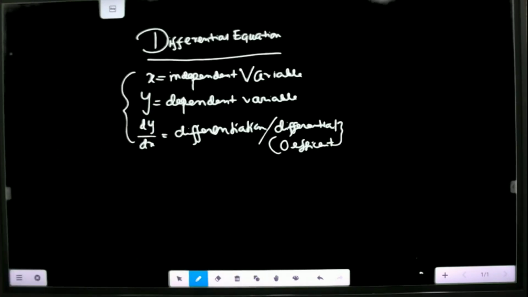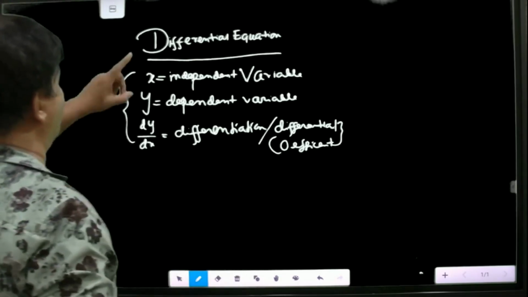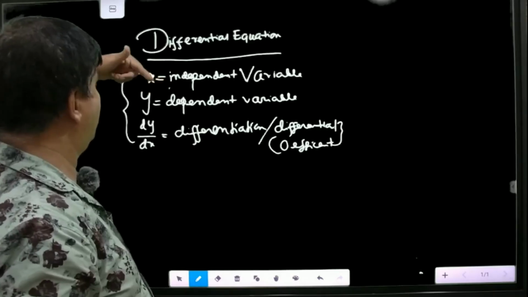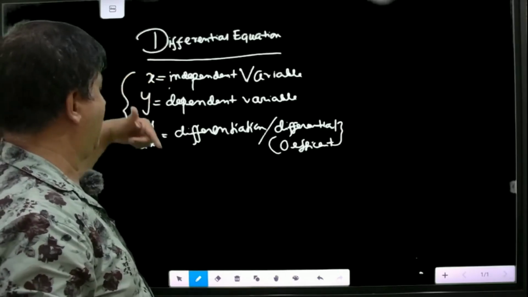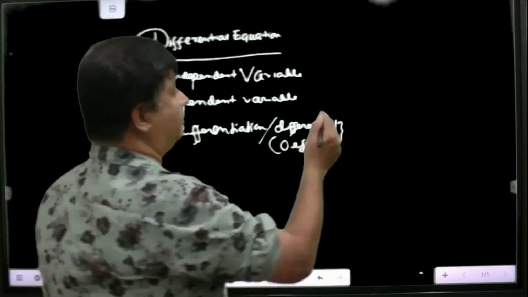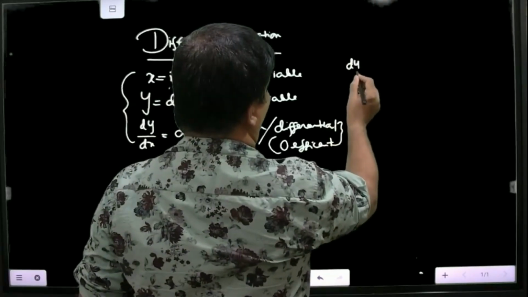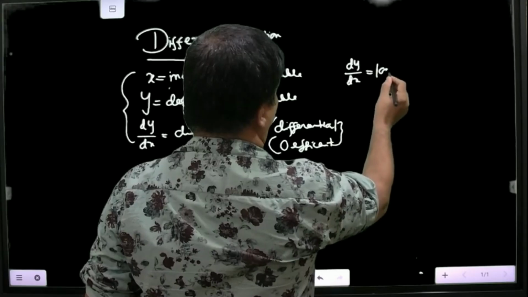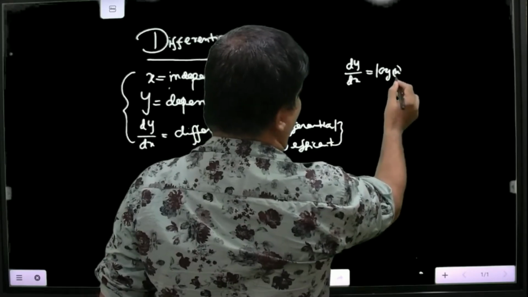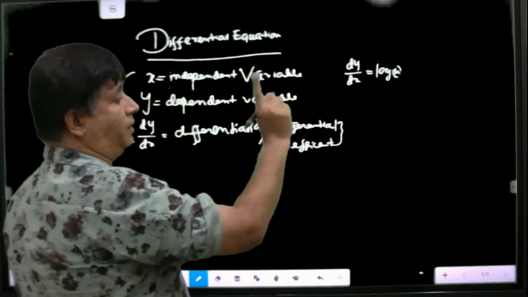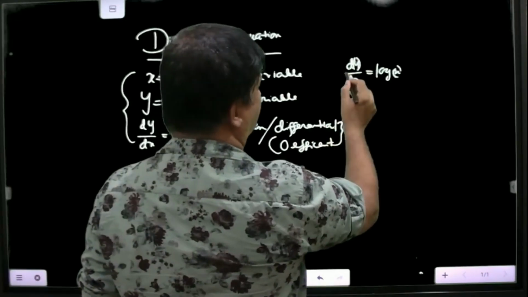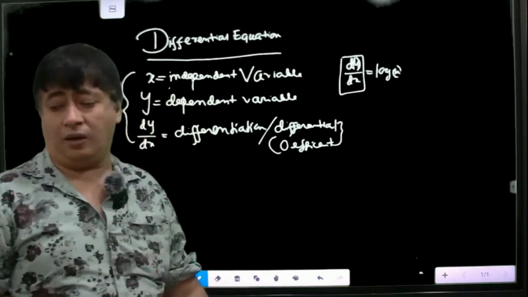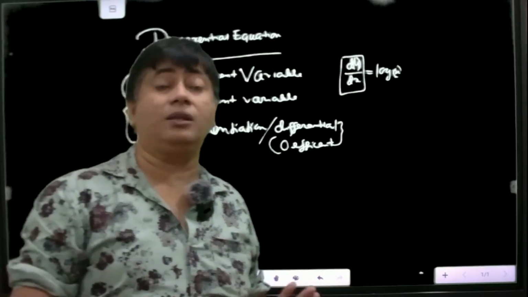So, differential equation means an equation which involves the independent variable, the dependent variable and the differential coefficient. For example, d/dx of y is equal to log x. It involves x, the independent variable, it involves y, it involves differentiation or differential coefficient.